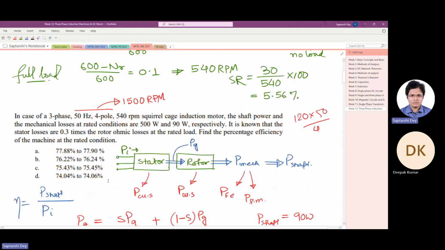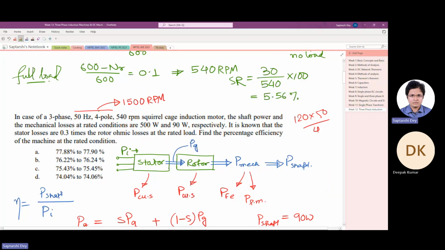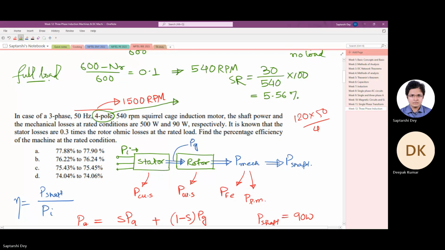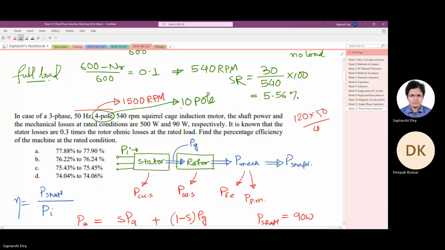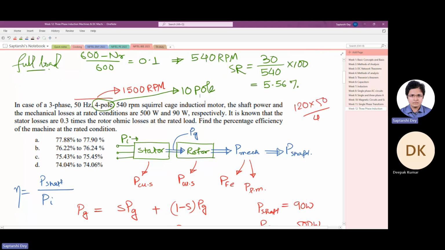So what I believe is they have made a mistake here. This 4 pole, can you tell me what this should be? This should be 10 pole. If you go for 10 pole, then the synchronous speed becomes 600 rpm, and these values become realistic. So you have seen the way of doing this.